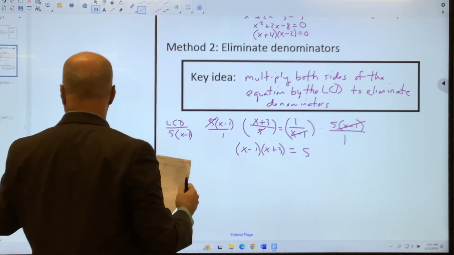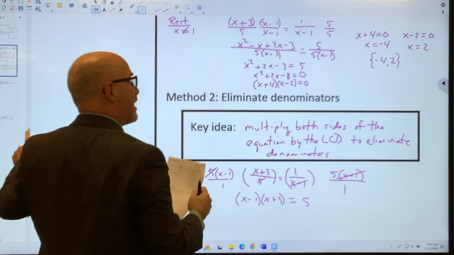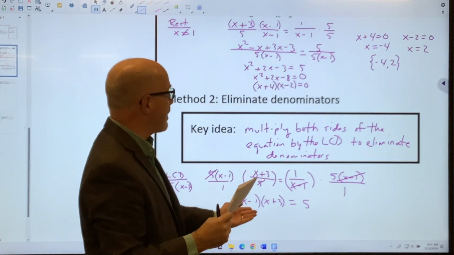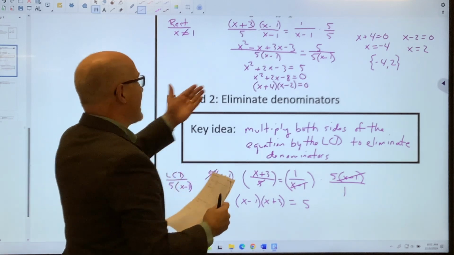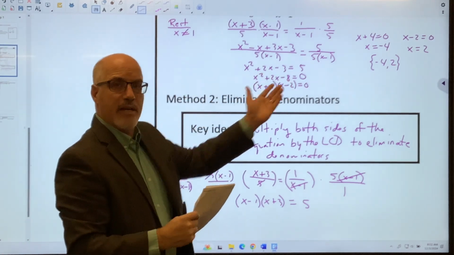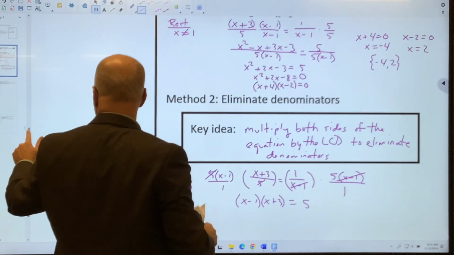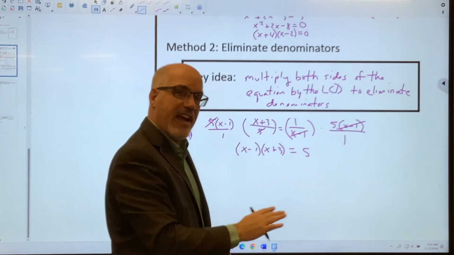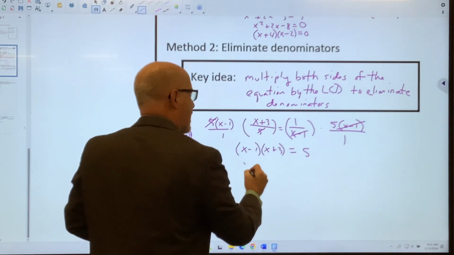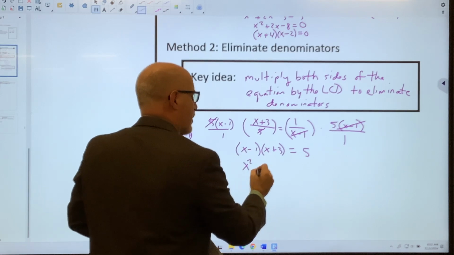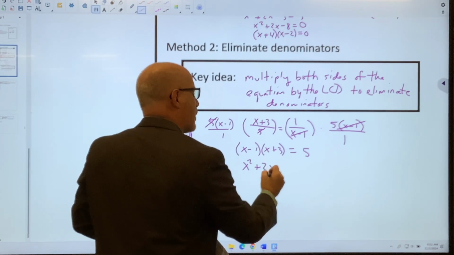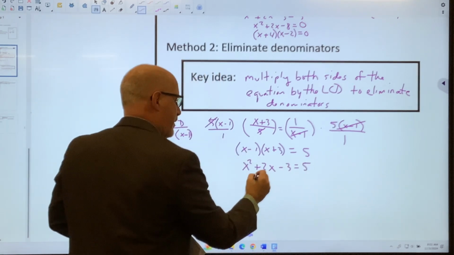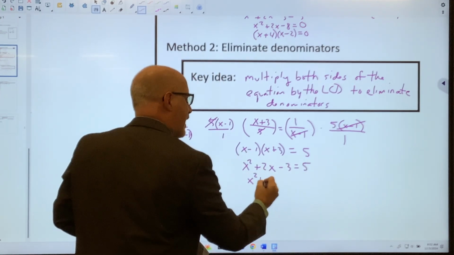This looks a lot like, in this method up here, looks a lot like this technique here, because if I multiply these two out, I get the x squared plus 2x minus 3. So this technique is the same as the other one. We just get to this step faster by multiplying by the least common denominator on both sides. So when I multiply this out, I'll get x squared plus 2x minus 3 equals 5. Go ahead and subtract 5 from both sides.